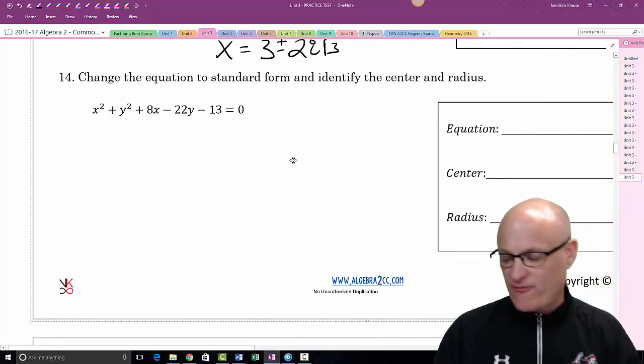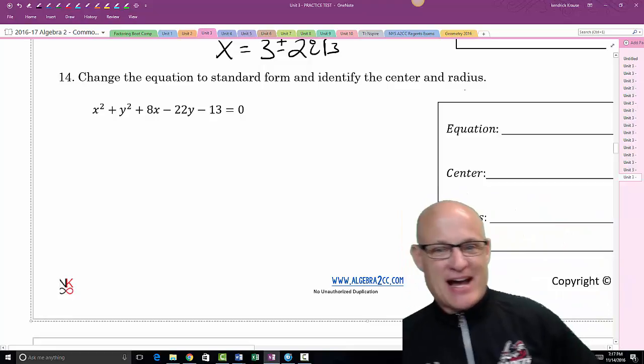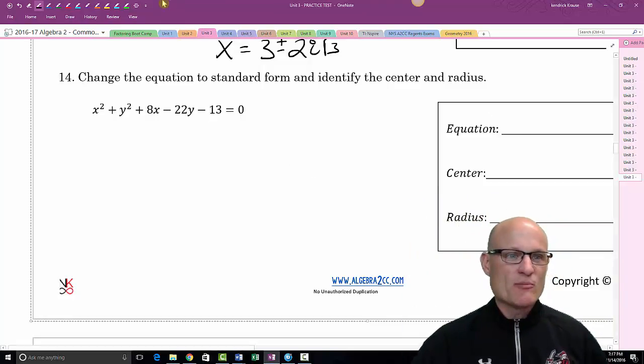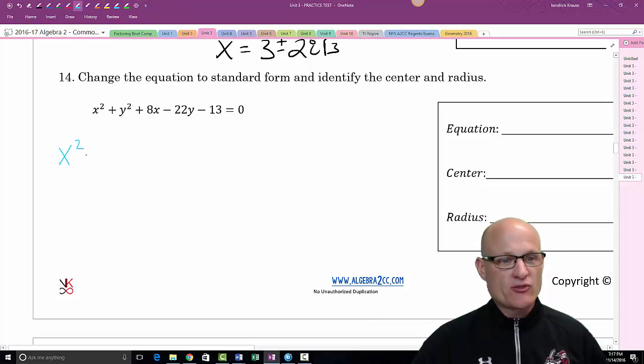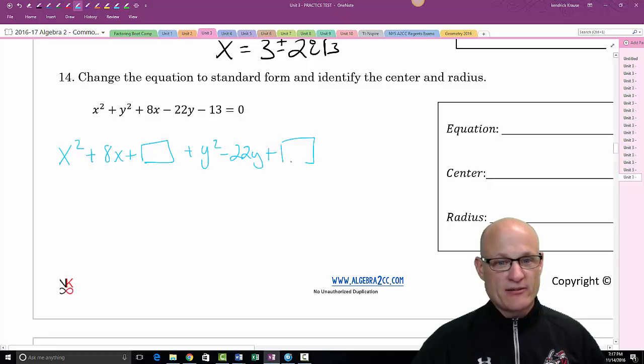All right, here we go. We're going to change from standard form, and then we're going to identify the center and the radius. So you remember correctly, we're going to be completing the square twice. So x squared plus 8x plus the box for the x's plus y squared minus 22y plus the box for the y's is equal to 13. Notice I brought it over.